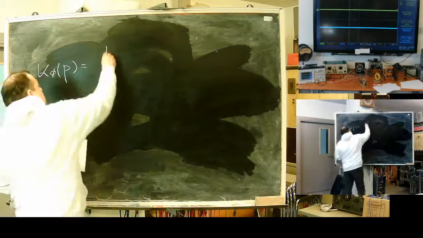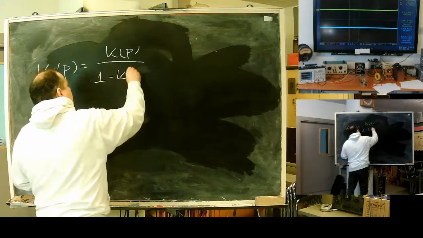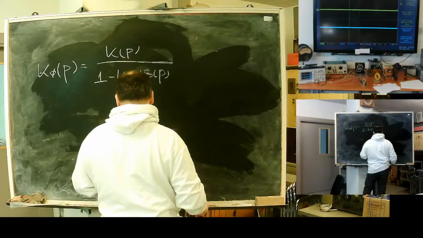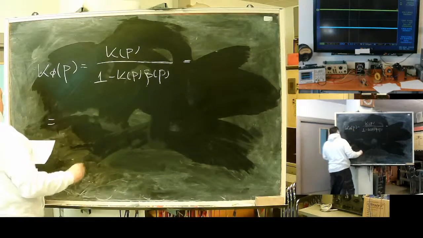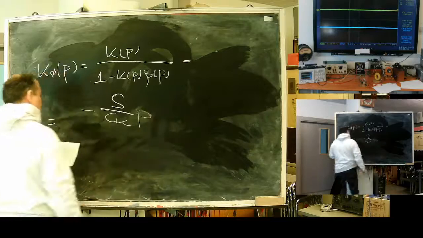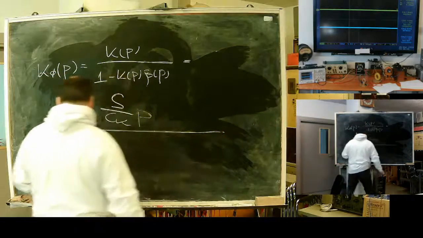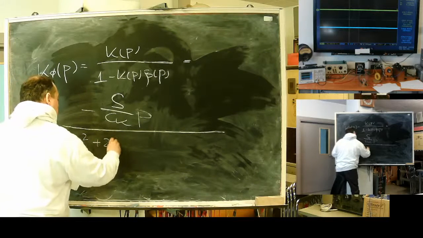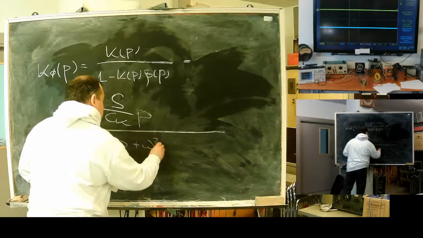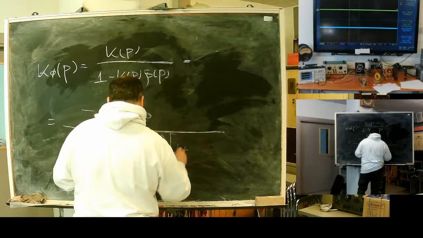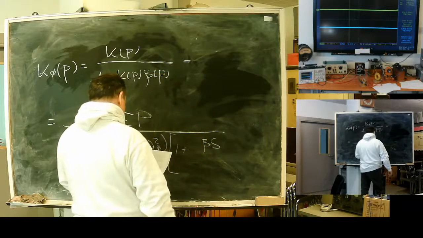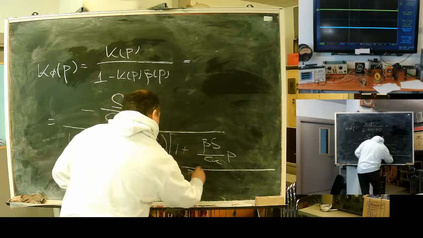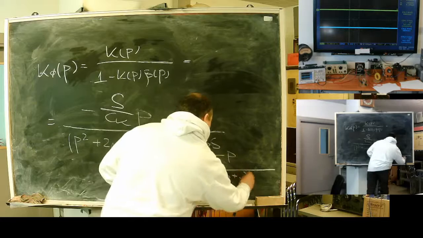Our system will have transfer function 1 over 1 plus beta, divided by p, and divided by p squared plus 2 alpha p plus omega 0 squared.